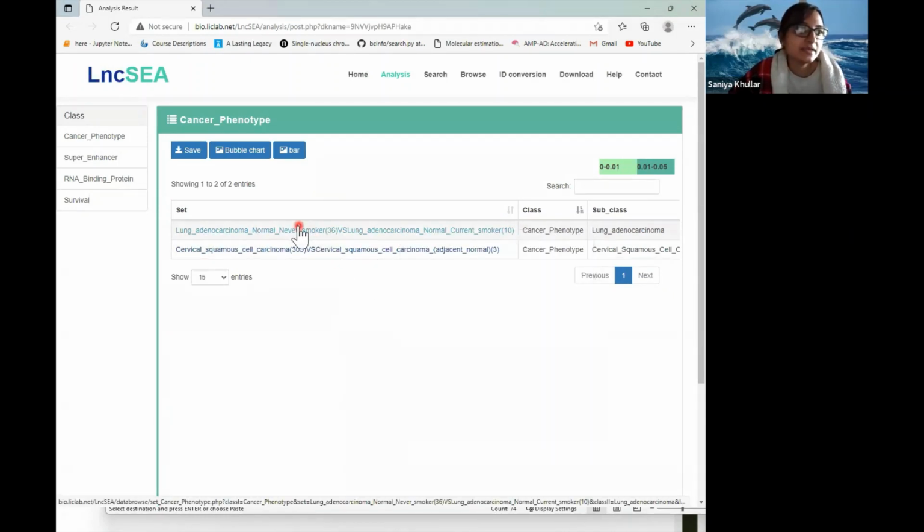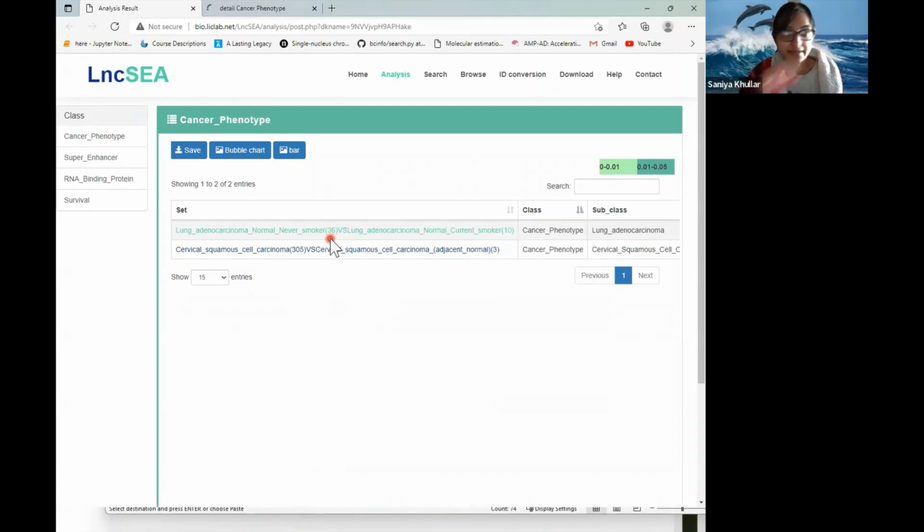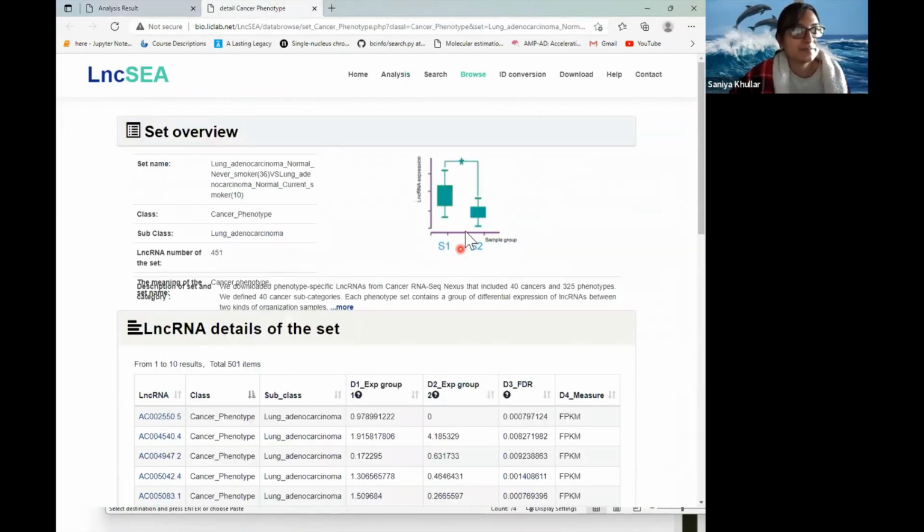What we see here are sets like lung adenocarcinoma, never smoker versus lung adenocarcinoma normal. This one is comparing one group with another: the expression of the lncRNA in people who never smoked, the 36 people who never smoked, against 10 people who currently smoke.